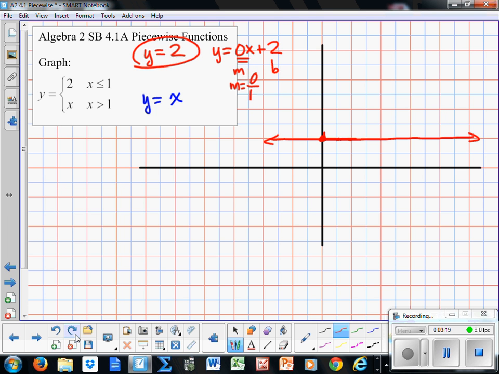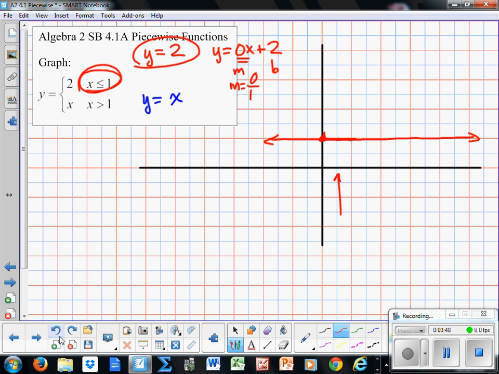Now I want to focus in on this little issue right here. This says I'm really only supposed to graph this for the x values that are less than or equal to 1. So these are like conditions. x is equal to 1 here, all the way up and down that x value. I'm only showing you that so that you can see what we're going to do here.